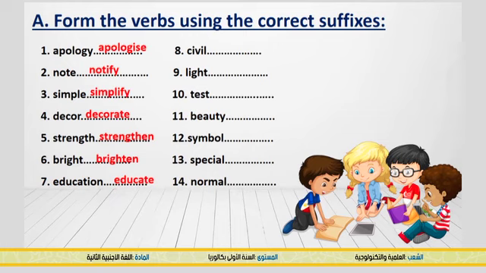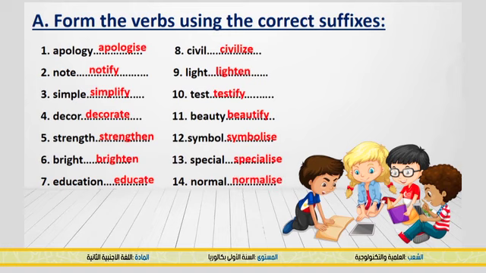Number 8, we say civil, which is an adjective. The verb is to civilize. Light, to lighten, like brighten. Number 10, test, testify. Number 11, beauty, to make someone beautiful, we say to beautify. Symbol, symbolize. Special, specialize. Normal, the verb is to normalize.